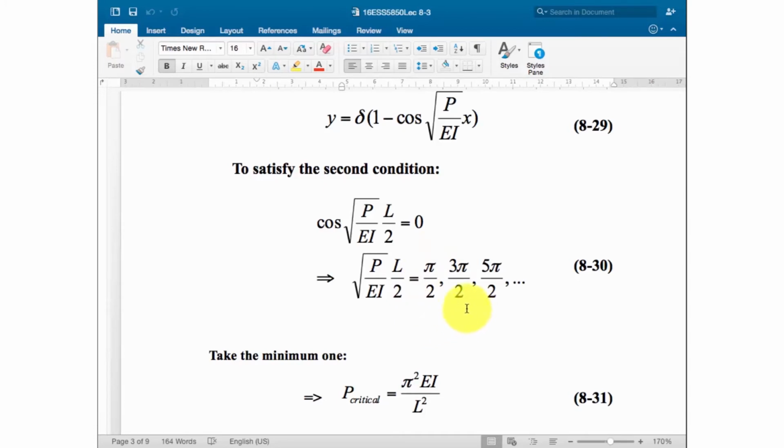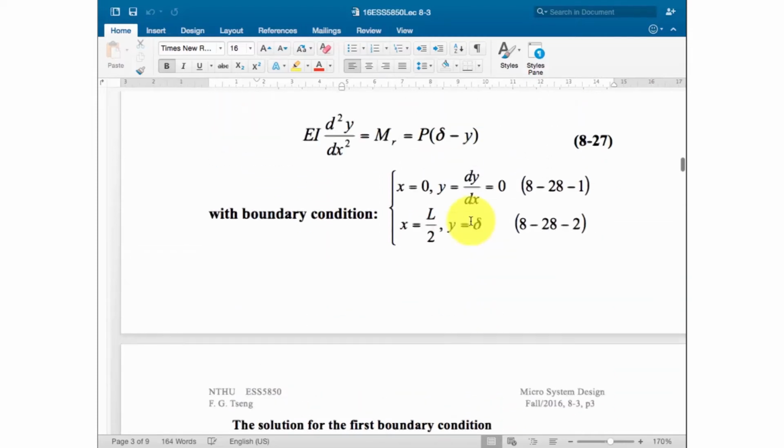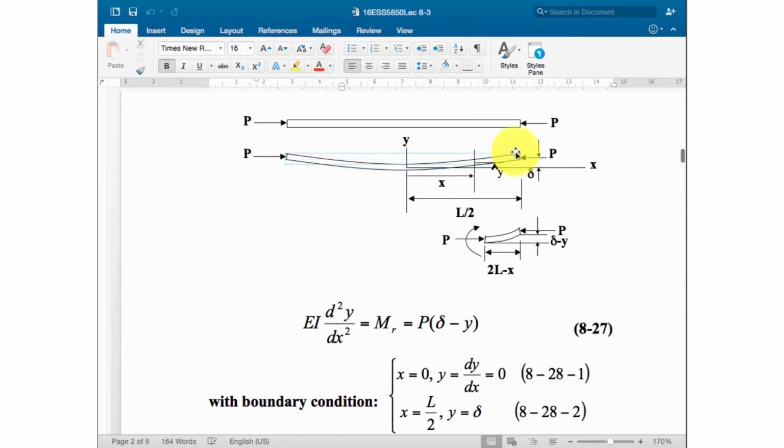For larger values, that means the buckling of the beam is not forming like one curve, like one wave. They will become several waves if it is a higher order solution. The buckling of the beam becomes several waves, not only one wave. Now you have only one wave. This is the smallest condition. You can have a higher order condition.